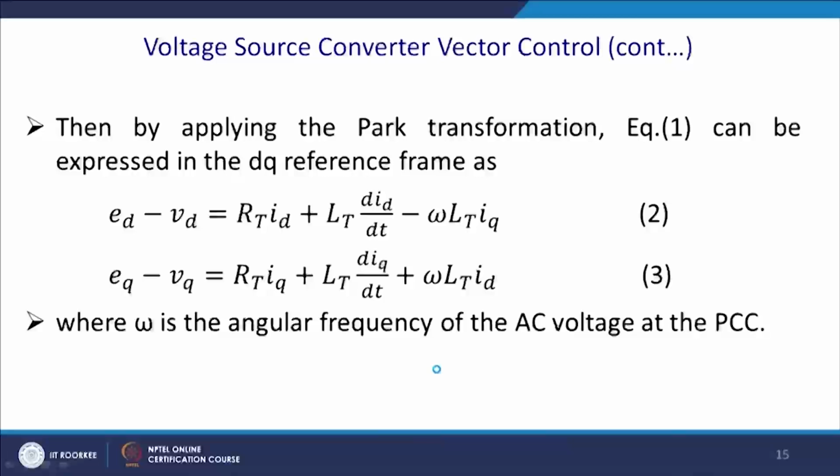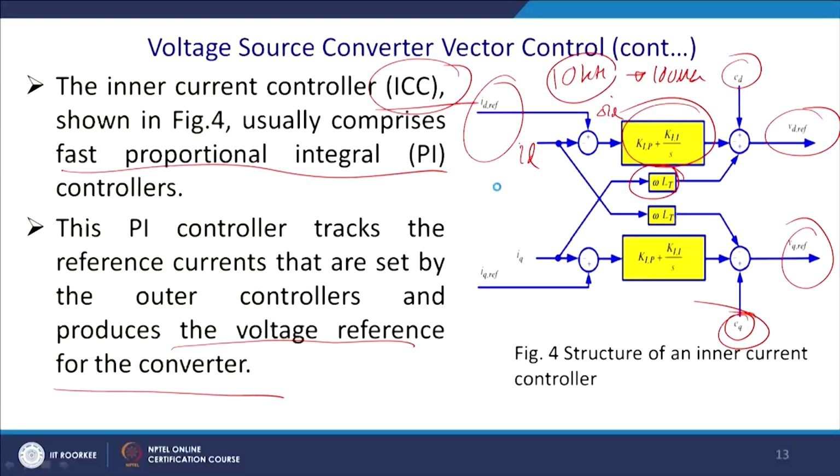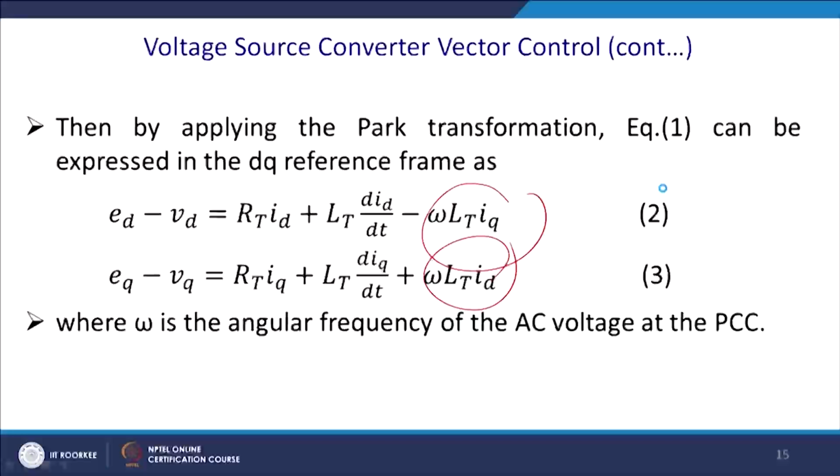And thus we can rewrite this equation. This is the cross term, please go back to this. This has been multiplied with omega LT, and this has also been multiplied with omega LT. So, this is the value of VD, and from there we have these two equations.